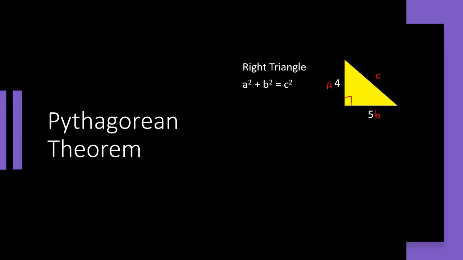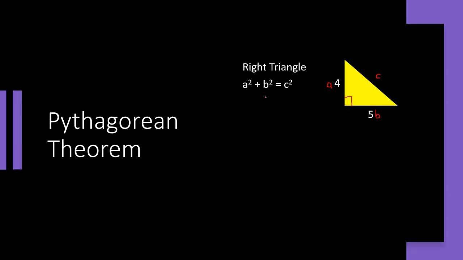So let us go ahead and solve using this formula right here. I'm going to dissect and write the process step by step so that you can see how this is solved. First of all, I have right here my formula for the Pythagorean theorem.